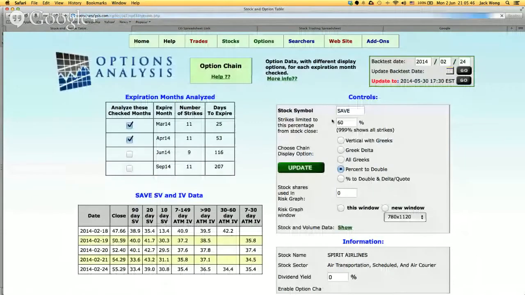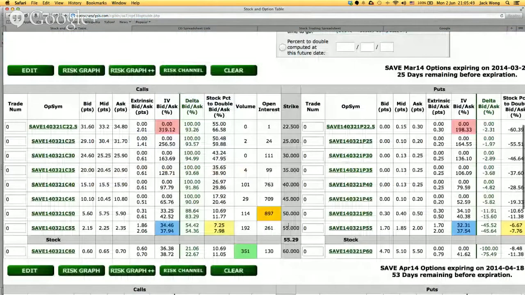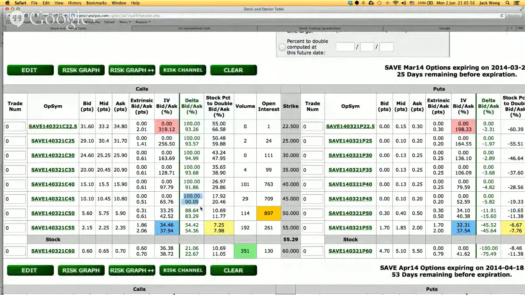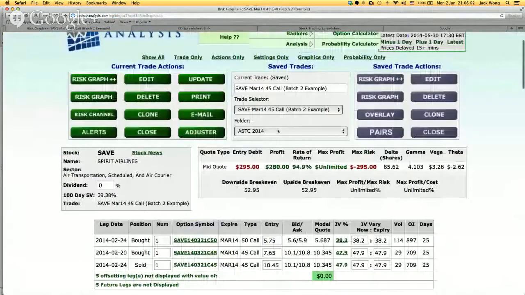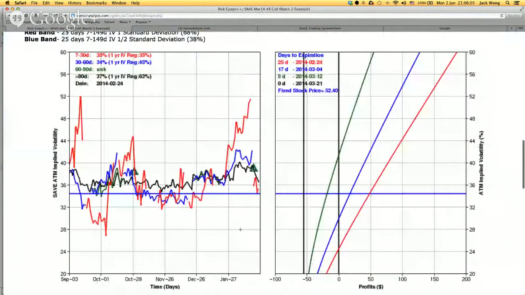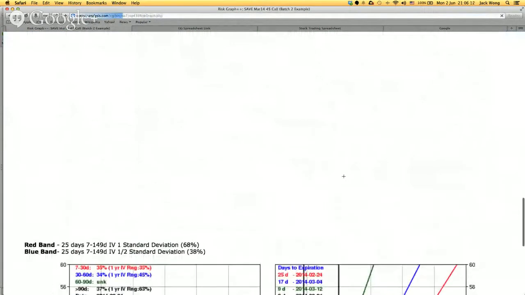The March 45 call, as you can see, has a 95 delta. So what I'm going to do is roll up the option. When I say roll up, what does it mean in English? Let me just change the leg display so that you see how it works. Sorry about that, I just want to make sure the legs are shown properly.